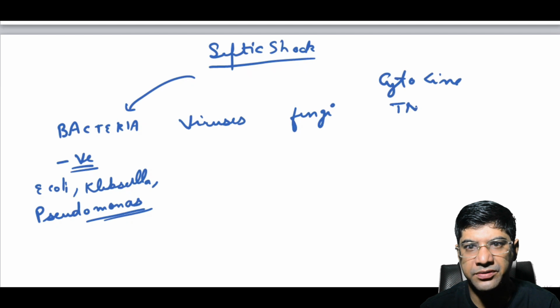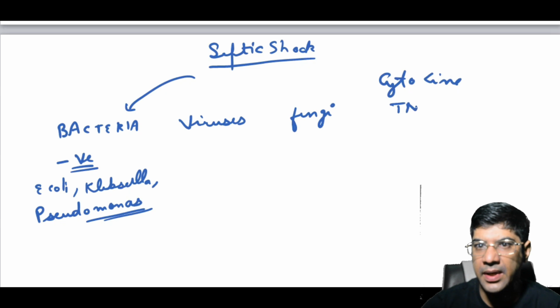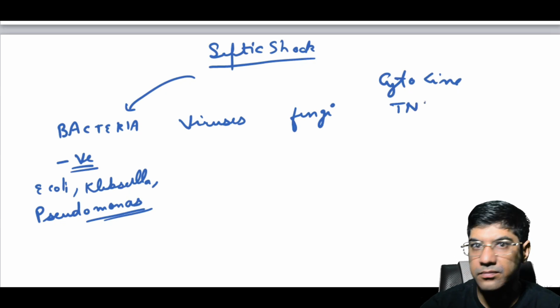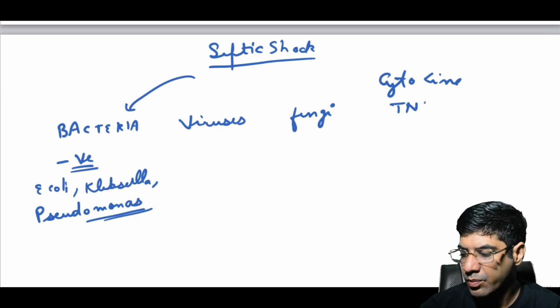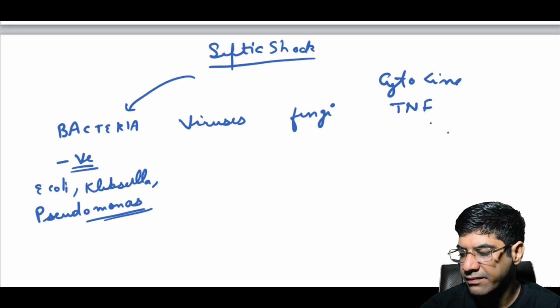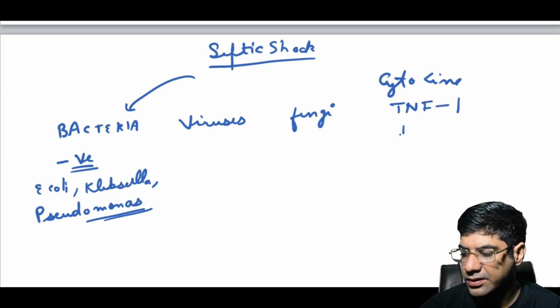The body's immune system releases an excess of inflammatory mediators like cytokines, tumor necrosis factor alpha, and interleukin 1. So these are the factors that are released in response to pathogens or their toxins.